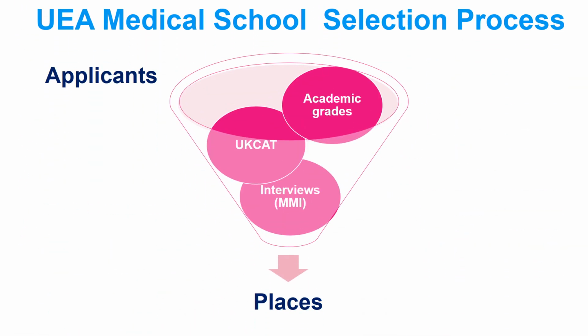Most medical schools use a combination of criteria within their selection processes. At Norwich Medical School, for example, criteria such as academic grades and the UK-CAT score are used to rank applicants, with the higher ranked individuals then being offered interviews in the MMI format. The results of the interviews are then used to offer the available places to successful individuals.